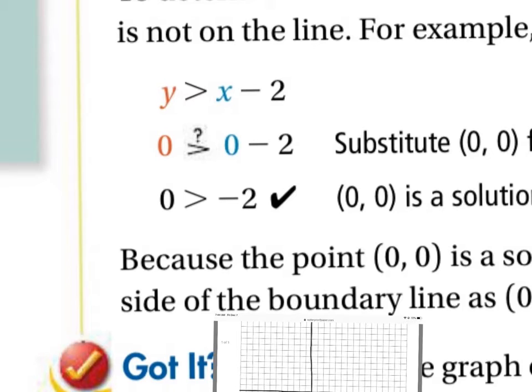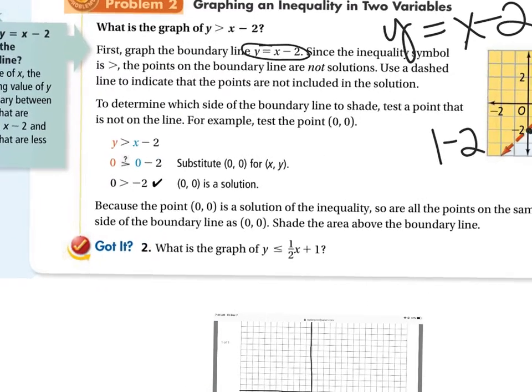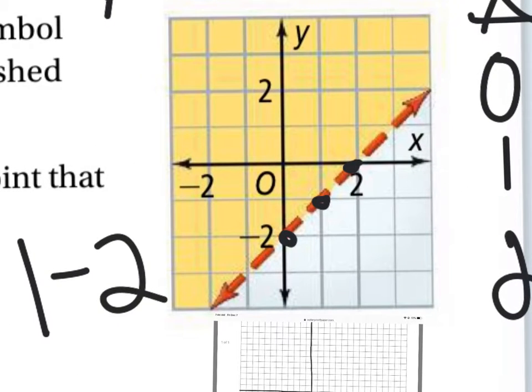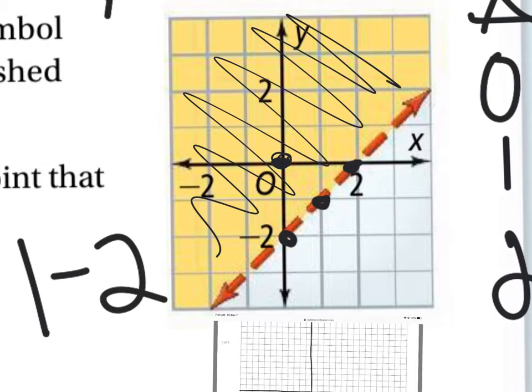So they substituted in, and if we did that, it says 0 is greater than negative 2. So then we have to think, is 0 greater than negative 2? Yes, it is. That means 0, 0 is a solution. So if we look at our graph, 0, 0 is up here. So if 0, 0 works and it's above the line, that means everything above the line is going to work.